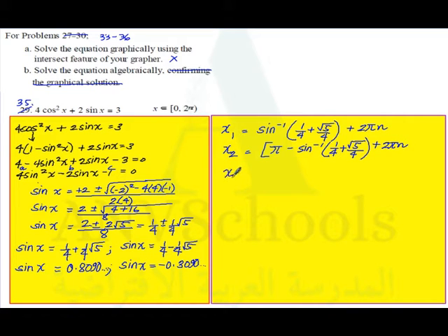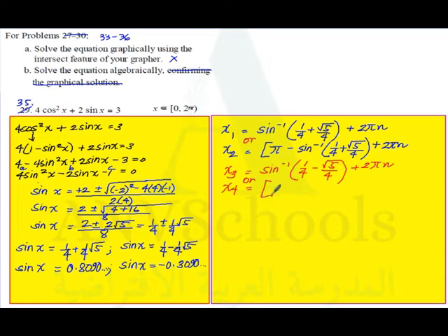For x3, which we will deal with in this form, that would be equal to arcsine of 1/4 minus square root of 5 over 4 plus 2 pi n, and also x4, which is the alternate version of this.